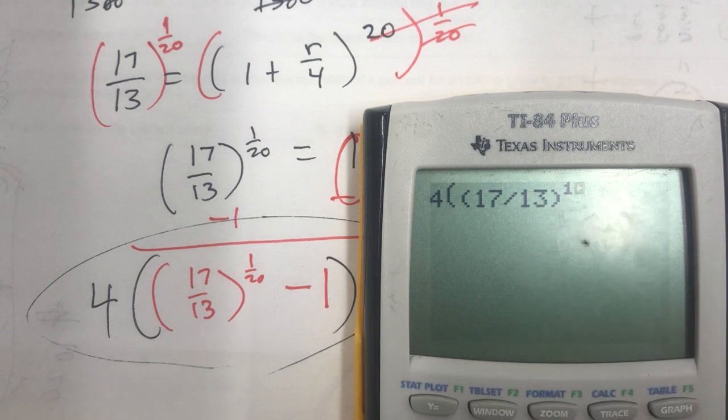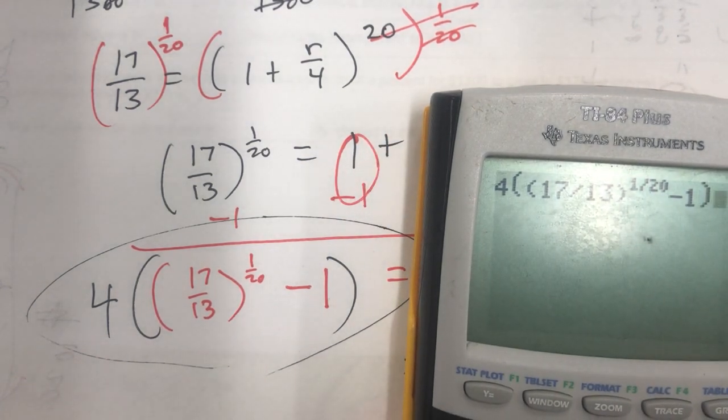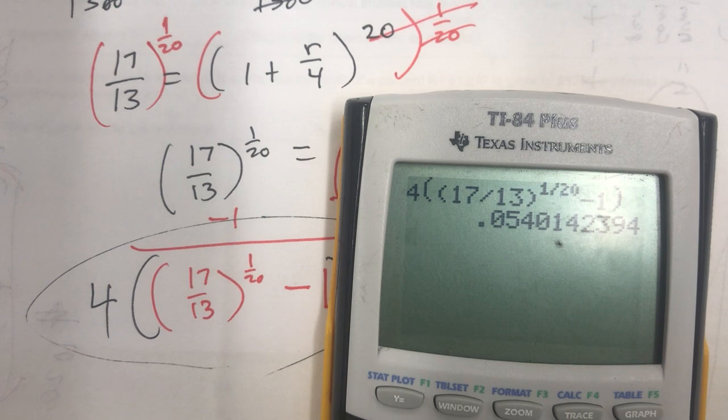If yours doesn't go into exponent like mine does, you'll have to put parentheses around it. Minus 1, and then the parentheses there, and it looks like 0.054.